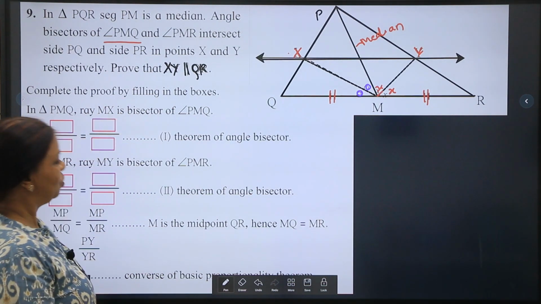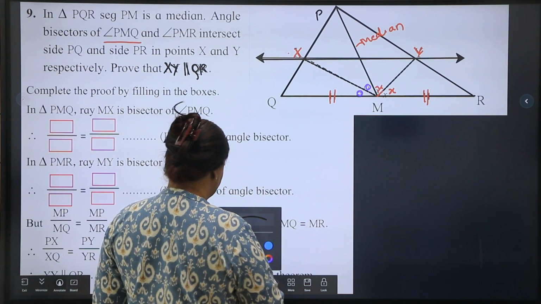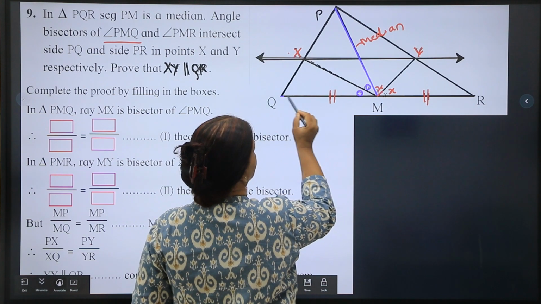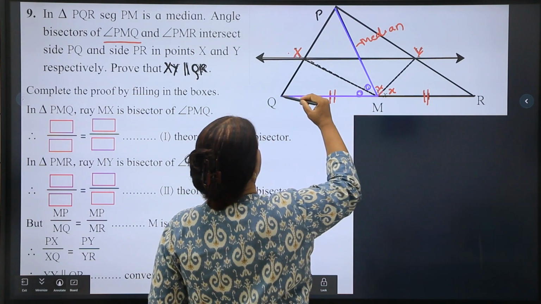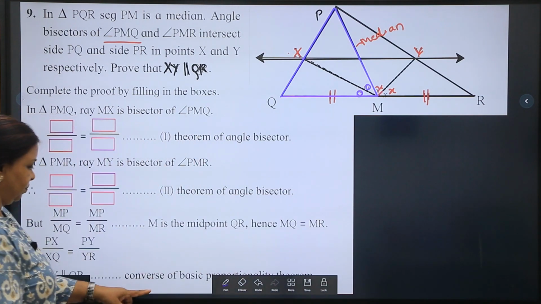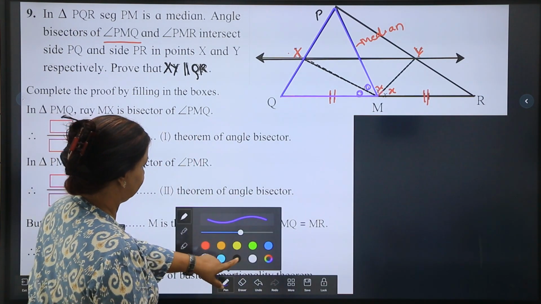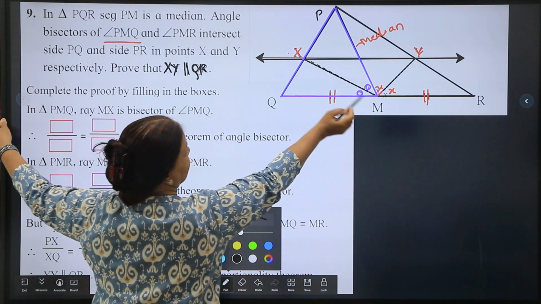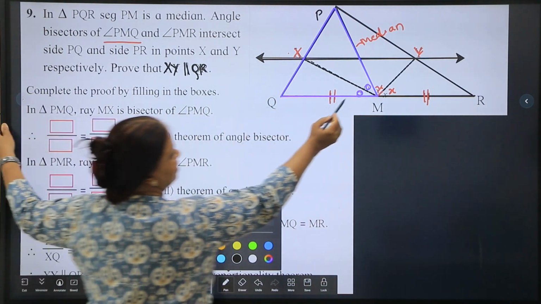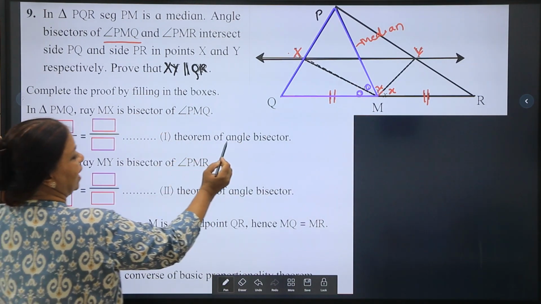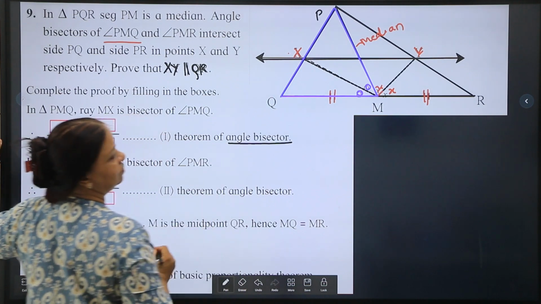In triangle PMQ, see the triangle PMQ, children, this triangle, okay. In this triangle, ray MX is the bisector. It bisects the angle into two equal parts, and therefore by angle bisector theorem.